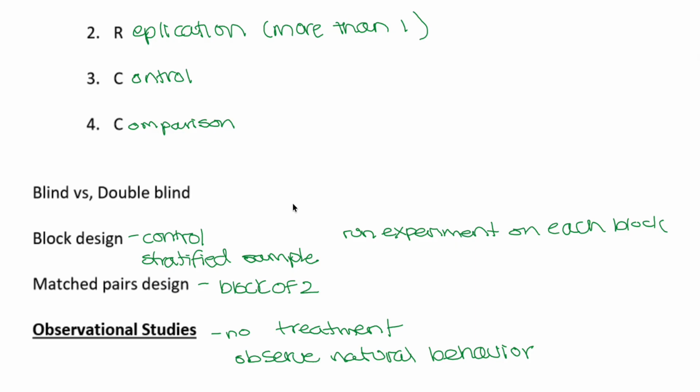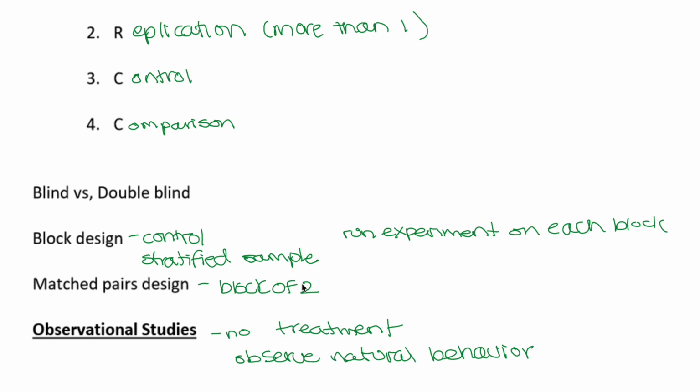Basically it's the same purpose: we want to reduce confounded variables, lurking variables, or other factors that may impact our conclusion as much as we can. A matched pairs design will be a block of 2. So we either put our treatments into one subject or we put our treatments into twins. Basically we want to make sure that all of the other factors stay the same except the variables that we're examining.